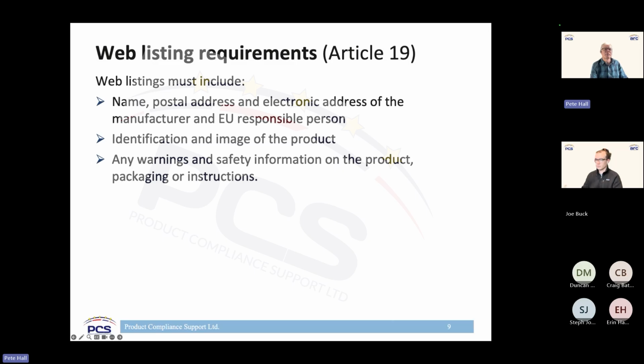They also have to be among the information on the web listing. So this allows the authorities to look up a product and find out about the product and the safety of it a little bit from the web listing. They can do that immediately, even if they can't get hold of the manufacturer or the responsible person.